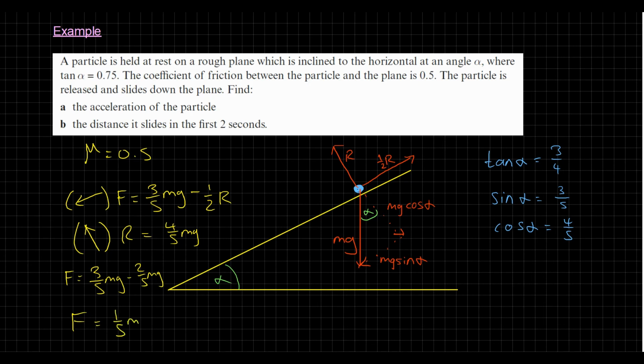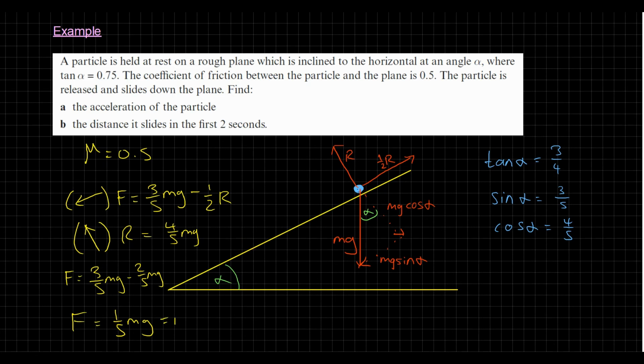And remember F here, I'm not talking about friction. F is the resultant force going down the plane. Right, that's what I said here. Down the plane is F, and that's equal to that. So if that's the net force, the resultant taking the object down, then we divide by m, we get the acceleration, right?